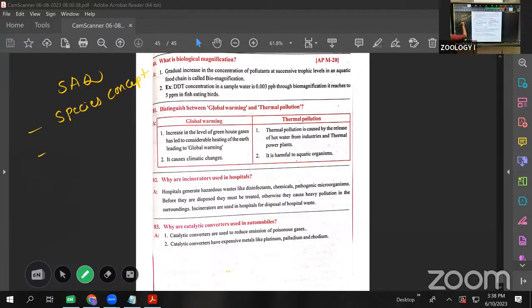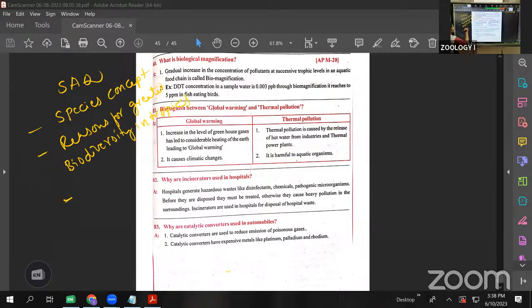Reasons for greater biodiversity in tropics. Next is the evil quartet.